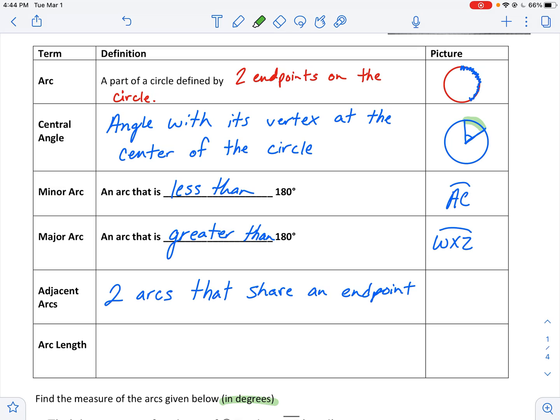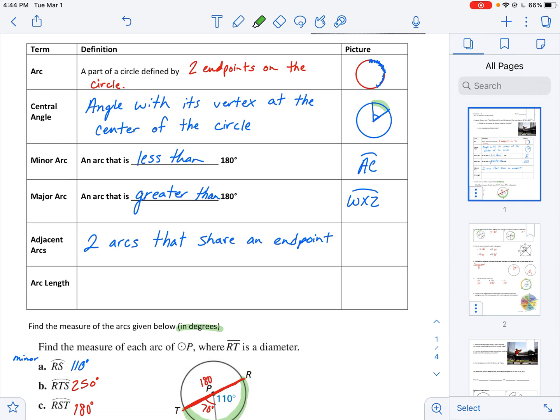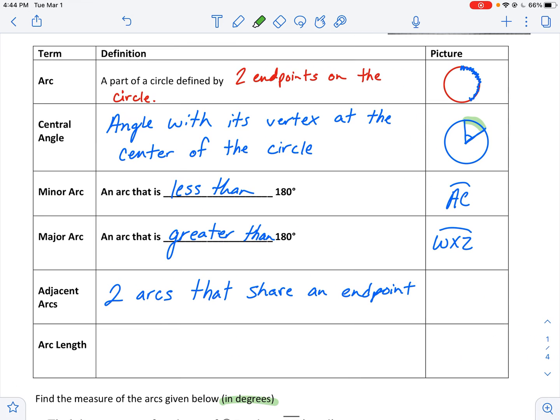A minor arc is going to use two letters like AC or XY or BW. Two letters that represent the two endpoints of the arc. A major arc is going to use three letters and will tell you exactly what direction to go when you are identifying that arc measure.